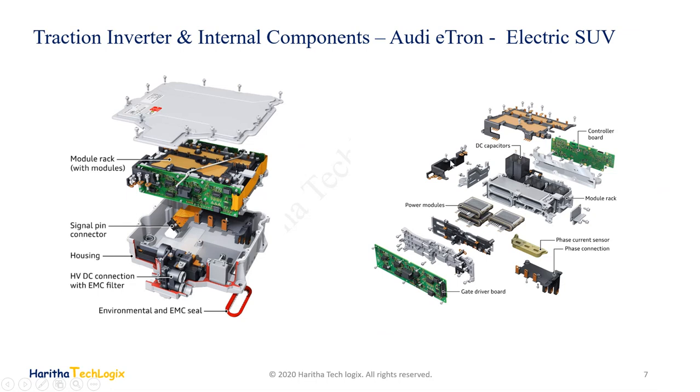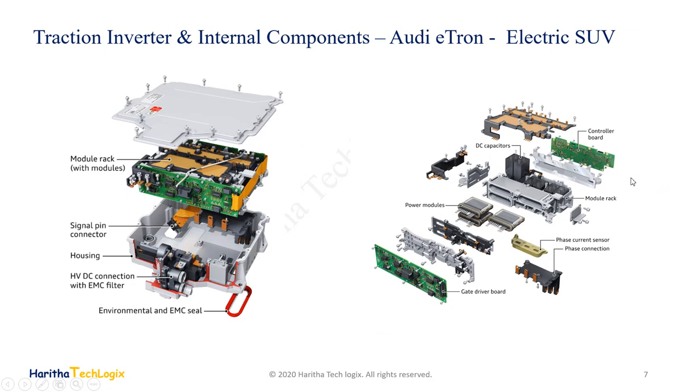And you can also see similar components: the smoothing capacitor, the control circuit board, the phase current sensors for measuring the three-phase current values, and the power module IGBTs. So whenever we take an electric vehicle or hybrid vehicle inverter, most of the components are similar.